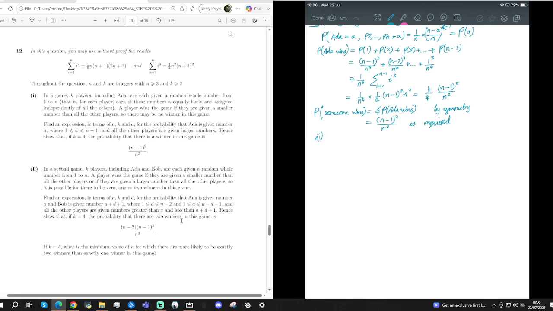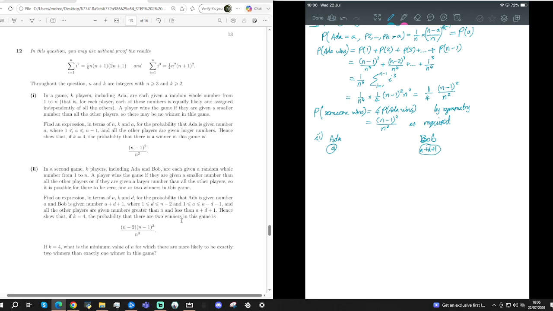So find an expression for the probability that Ada is given A and Bob is given A plus D plus 1. Okay, so Ada is given A, Bob is given some unpleasant combination A plus D plus 1, where D is a particular value to make sure things are in the range, and A is a particular value to keep things in the range.